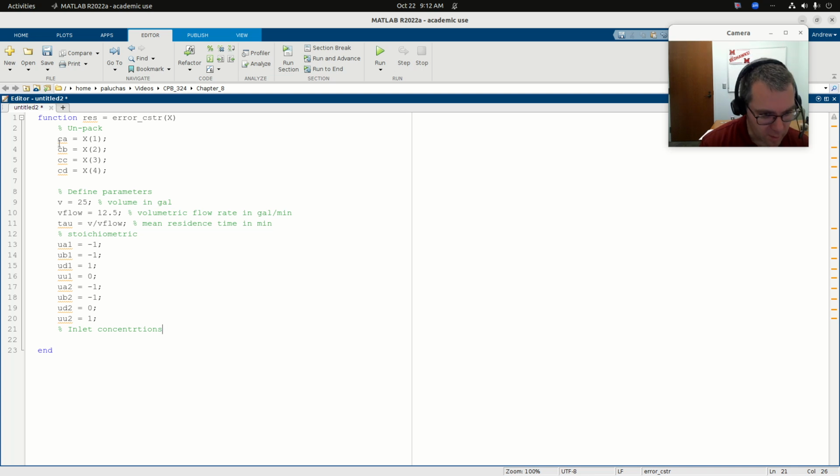And those are going to be, boy, I'm having a hard time tonight, moles per gallon. Okay, and so CA naught we said was 10, CB naught was 12, and then there was no D going in initially, so it's just 0, and CU naught is also 0.